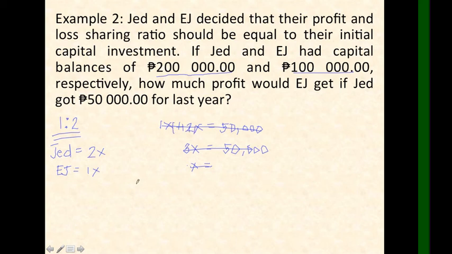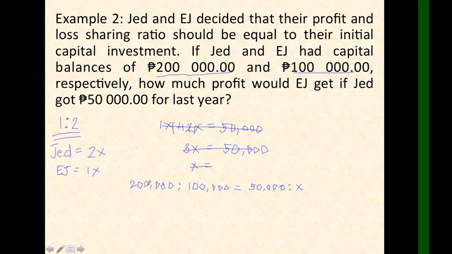Kung si Jed ay nakakuha ng 200,000 versus sa 100,000 ni EJ, at si Jed ulit ay nakakuha ng 50,000 last year versus doon sa hinahanap natin na toka ni EJ kung nakamagkano siya.